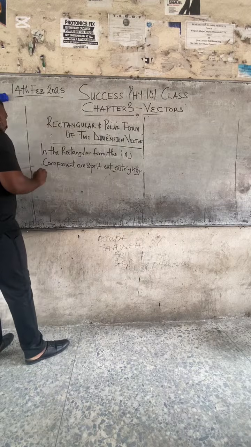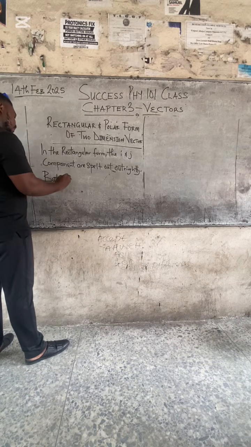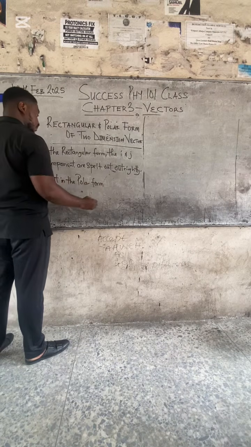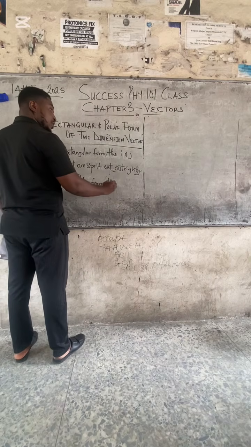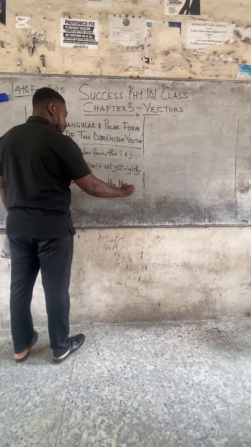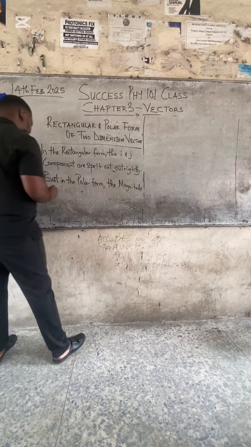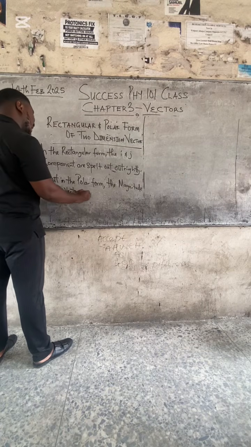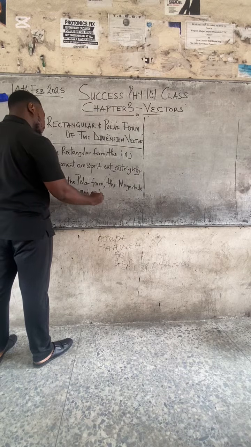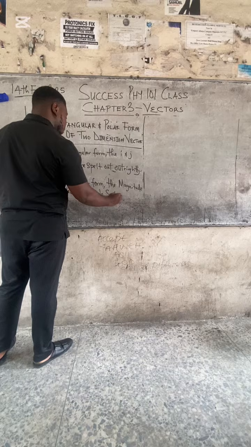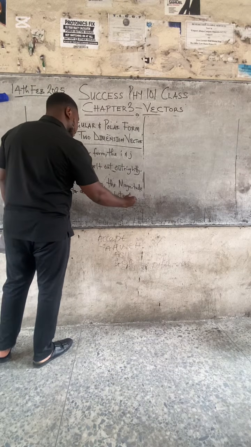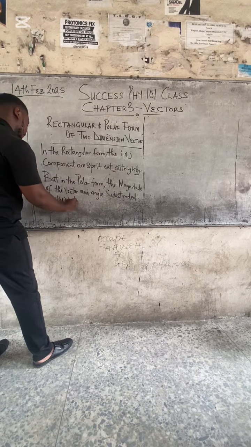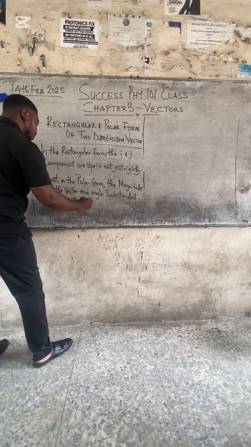But in the polar form, the magnitude of the vector and the angle subtended by the vector is spelled out.